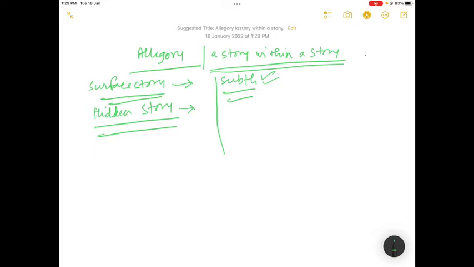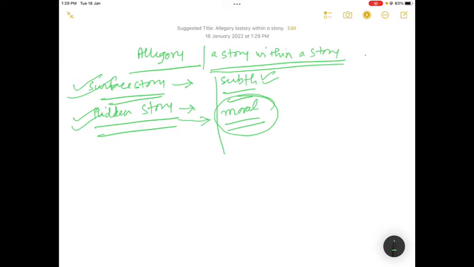Then what kind of meaning does an allegory give at the hidden level? It generally has the moral significance. So the story, one story at the surface level and one story at the hidden level, and this story which is at the hidden level conveys the moral significance.